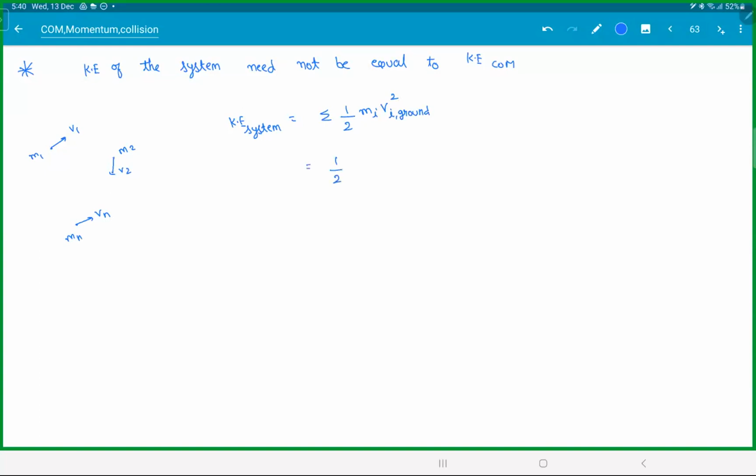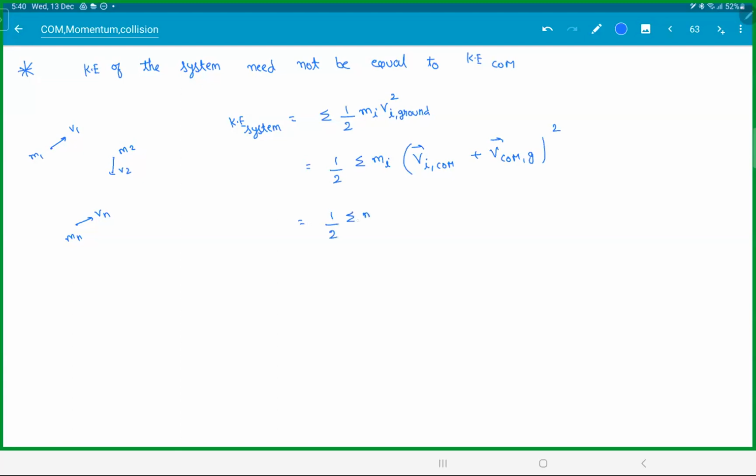So I can write this thing as sigma half mi times velocity of the ith particle with respect to the center of mass plus velocity of center of mass with respect to the ground, whole square. The velocity of the ith particle with respect to ground is velocity of the ith particle with respect to center of mass plus velocity of center of mass with respect to the ground.